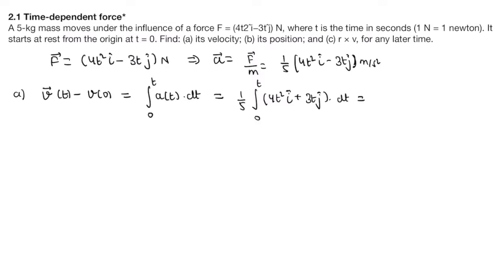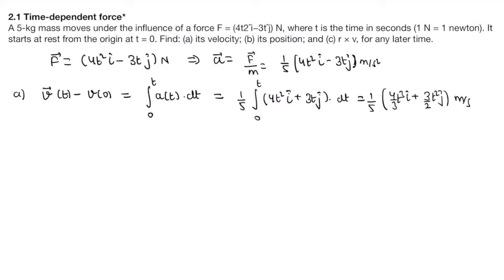And now if we do the component-wise integral, it will come out to be 1 upon 5 times 4 by 3 t cube i cap plus 3 by 2 t squared j cap meter per second.